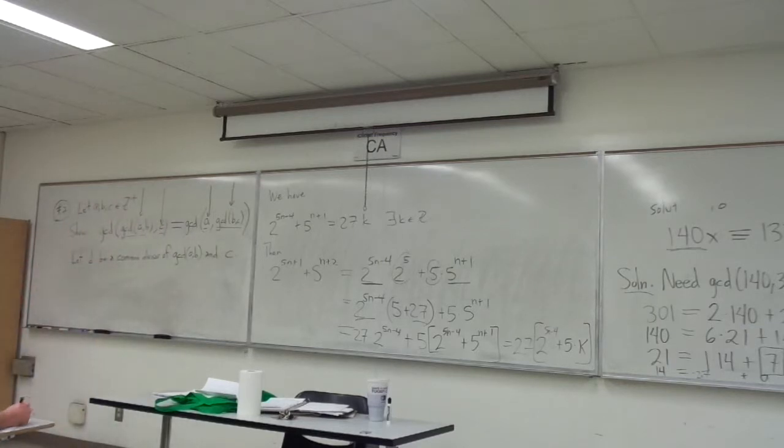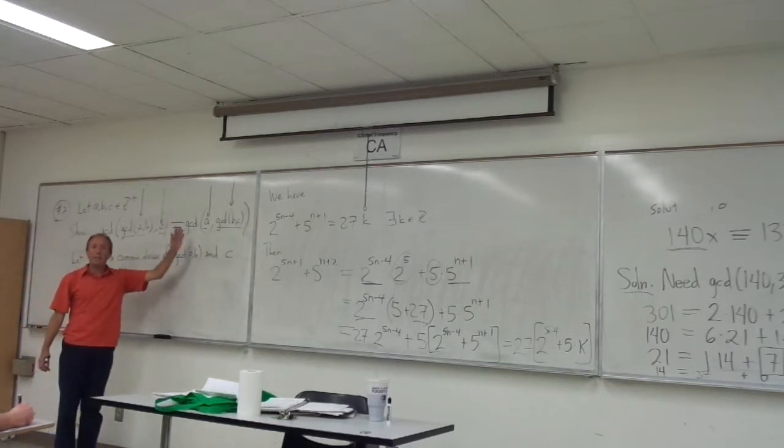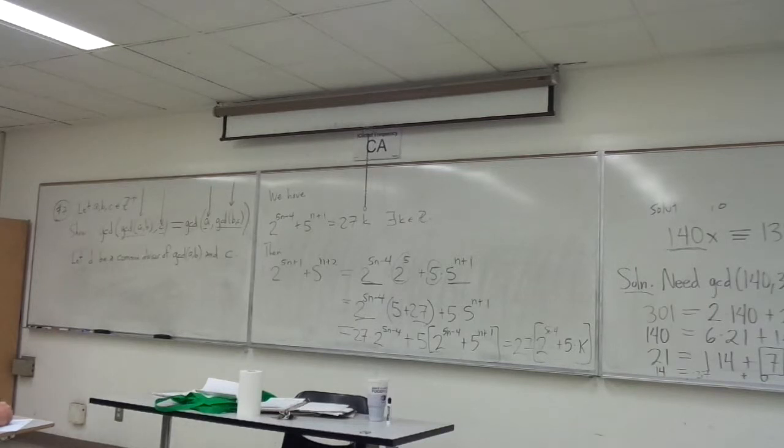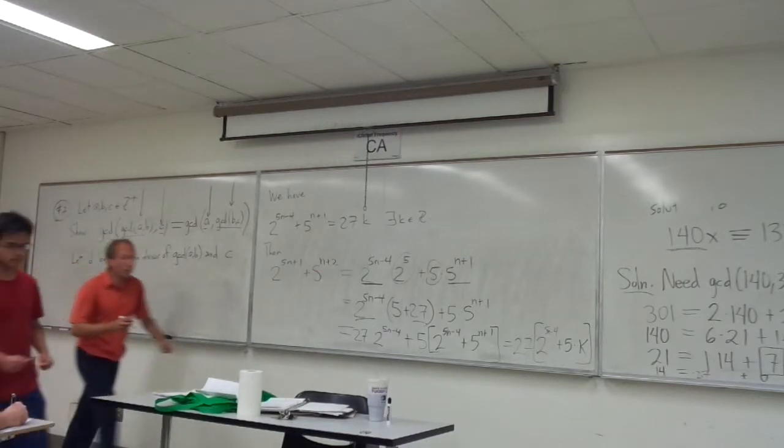Okay. So if D divides the GCD of A and B, what else does that mean that D divides? A and B, right? If D divides something else that divides A and B, then D itself divides A and D itself divides B. If you need to, draw yourself a little picture.